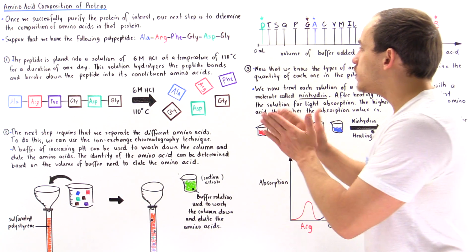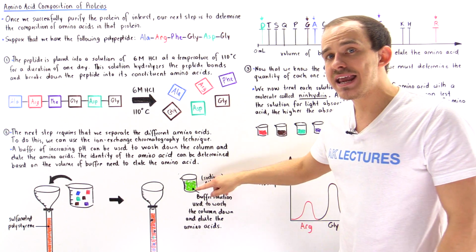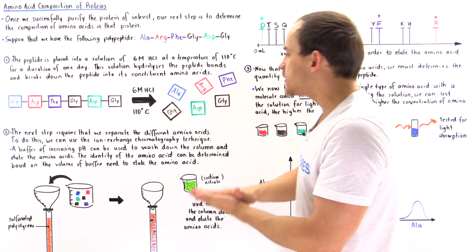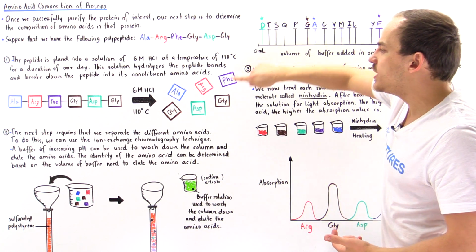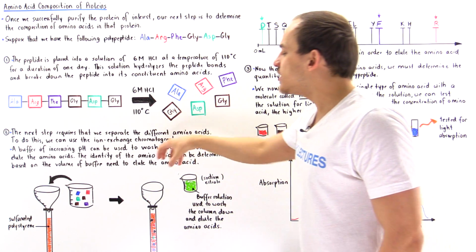And so if we calculate how much volume we used and what the pH of that is, and we compare it to our textbook value, we'll see that the first amino acid was this green amino acid, which is aspartate, so D. Now, we continue our process.